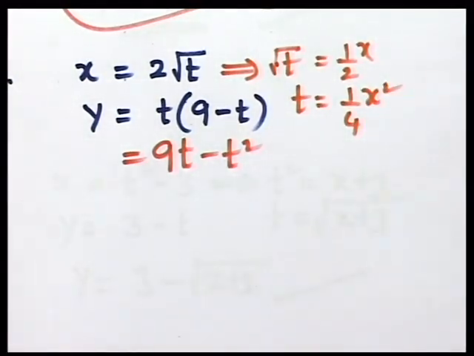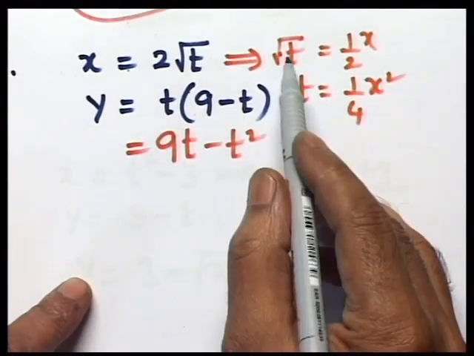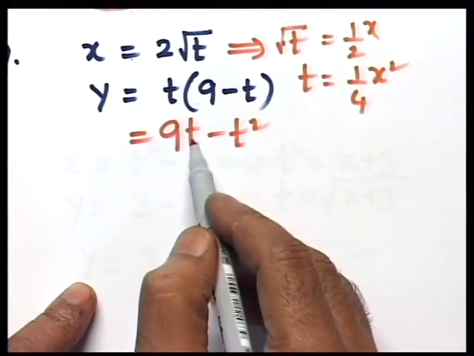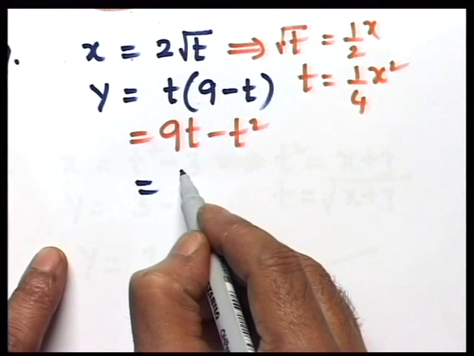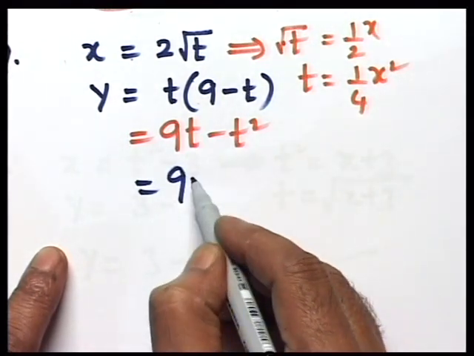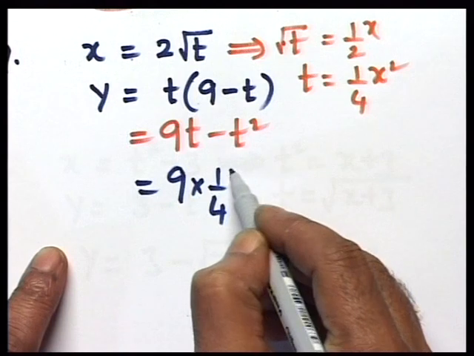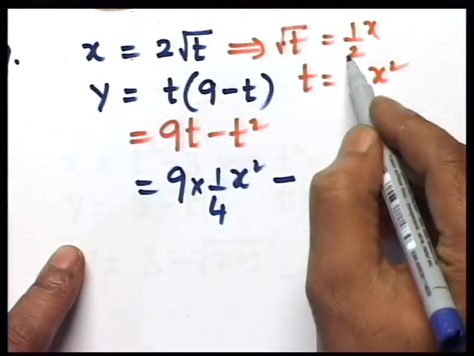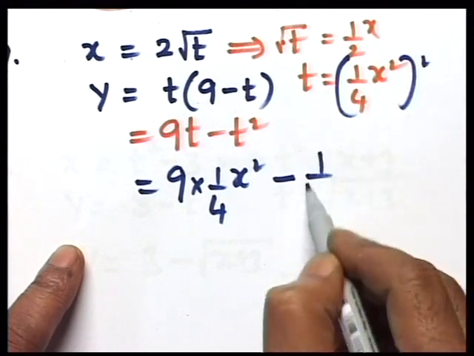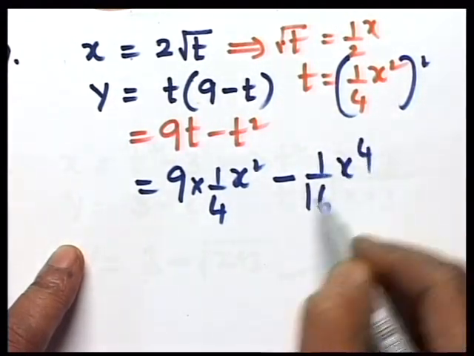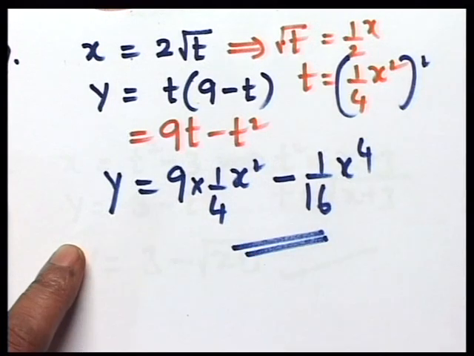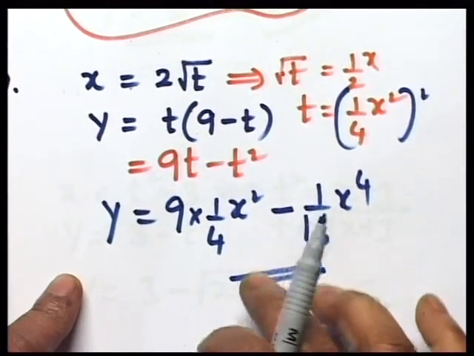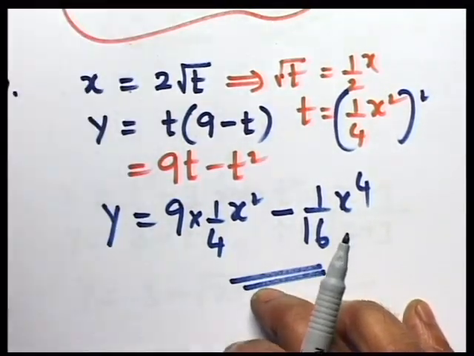We know we square on both sides to remove the root. That's what we substitute here now. I have a 9t, means 9 times 1/4 x square. Then we have minus t square, we square that, which is going to be 1 over 16 x to the power 4, right? That's the Cartesian equation of the given question.